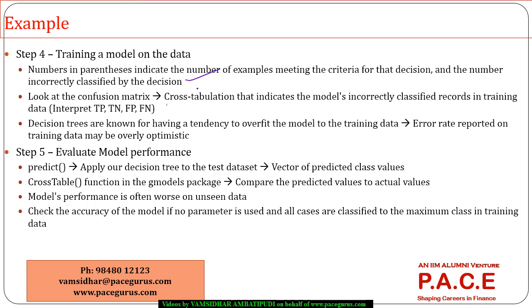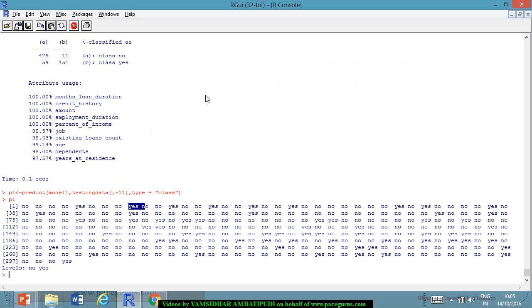Here the number in the parenthesis indicates the number of examples meeting the criteria for the decision. I have already explained that.